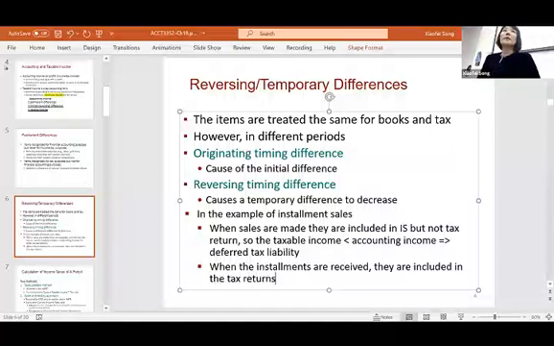It could be in different periods, but you don't have to include it in the income statement anymore because you already did that, right? So therefore, the taxable income would be more than accounting income.